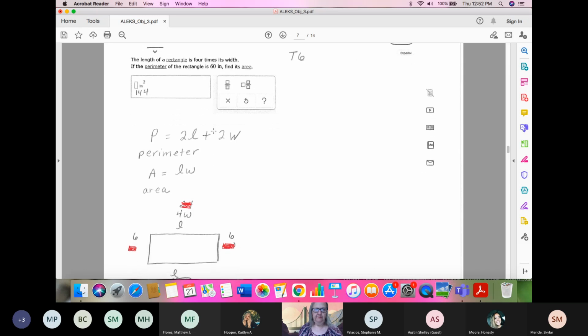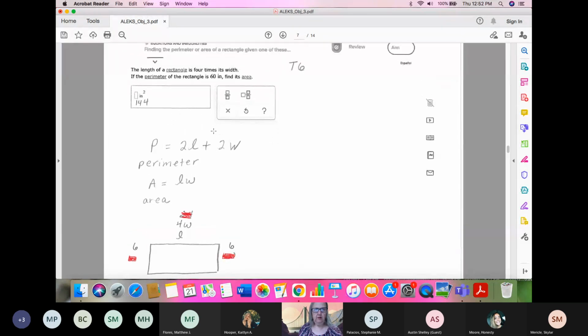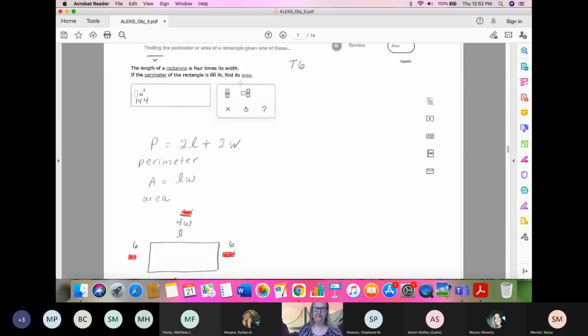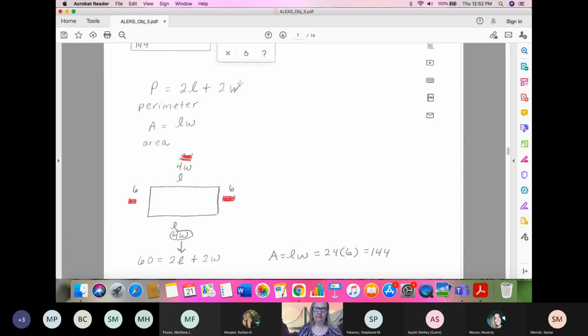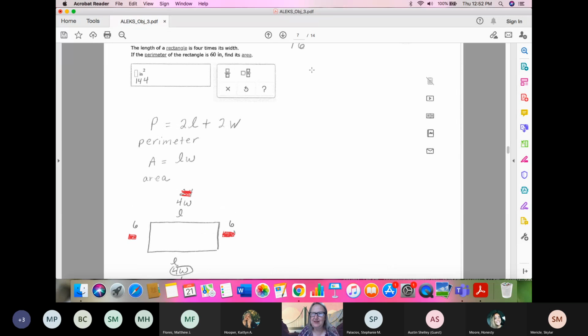Well, let's just look at this problem. First of all, the length of a rectangle is 4 times its width. I think I crossed out what I didn't mean to cross out.